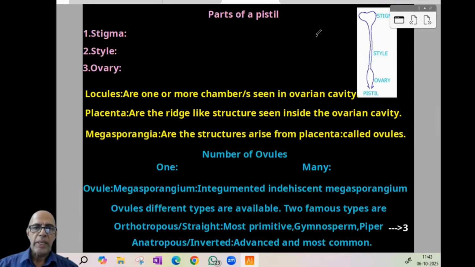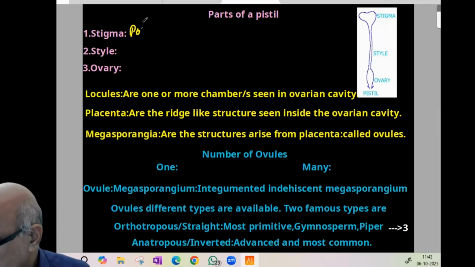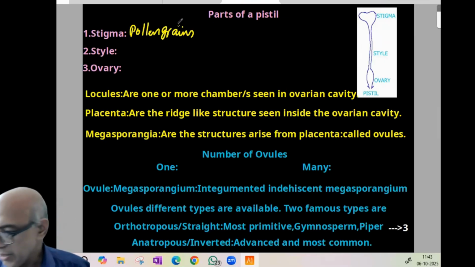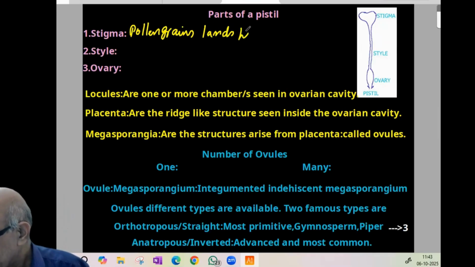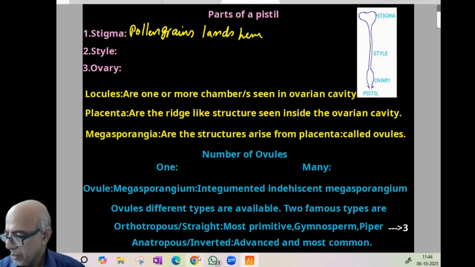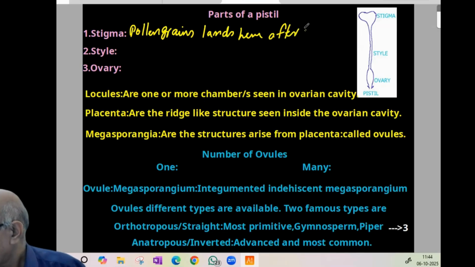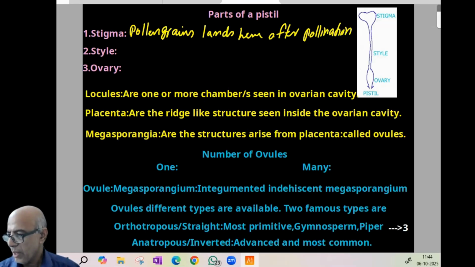When we come to the second part, parts of a pistil, 3 components will be there. One is called stigma. Stigma is the area where pollen grains from the anther land after pollination. That place is called stigma. Now comes style.